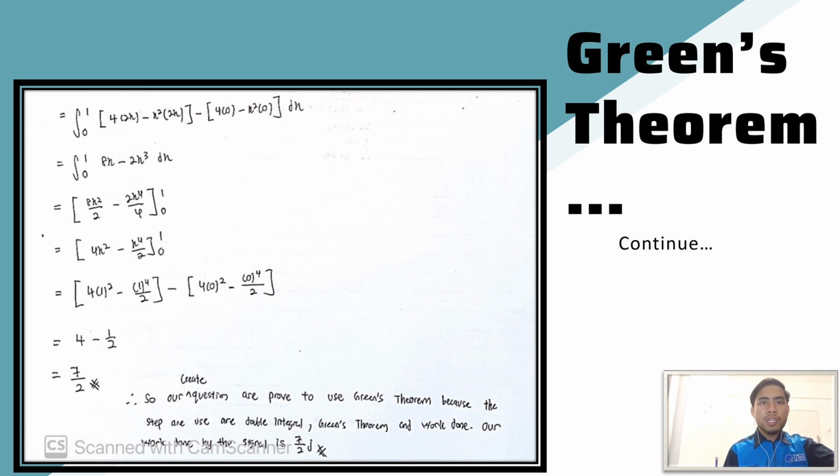We simplify the equation and then we get 4 minus 1 over 2, and finally the answer is 7 over 2. Therefore, this question can be solved using Green's theorem to find the work done by the signal transmitted by the telecommunication pole.